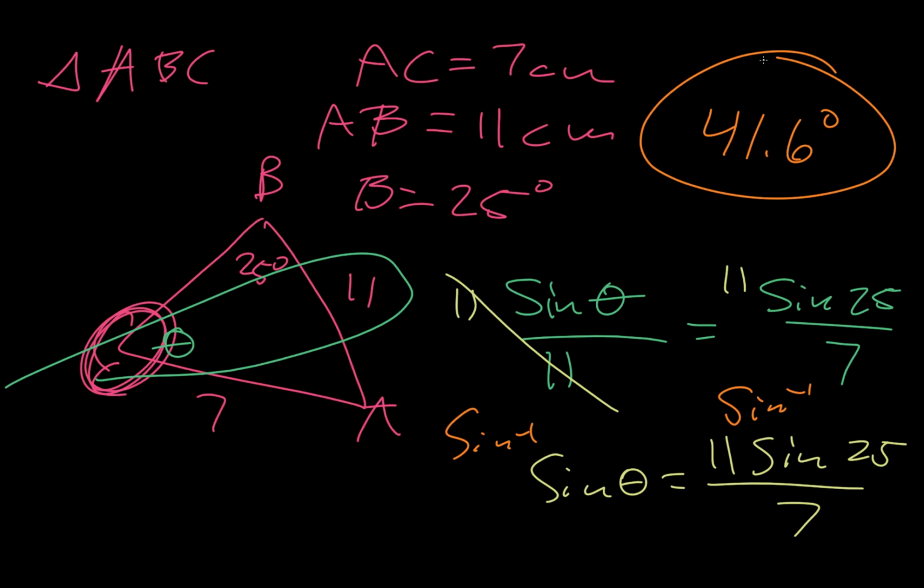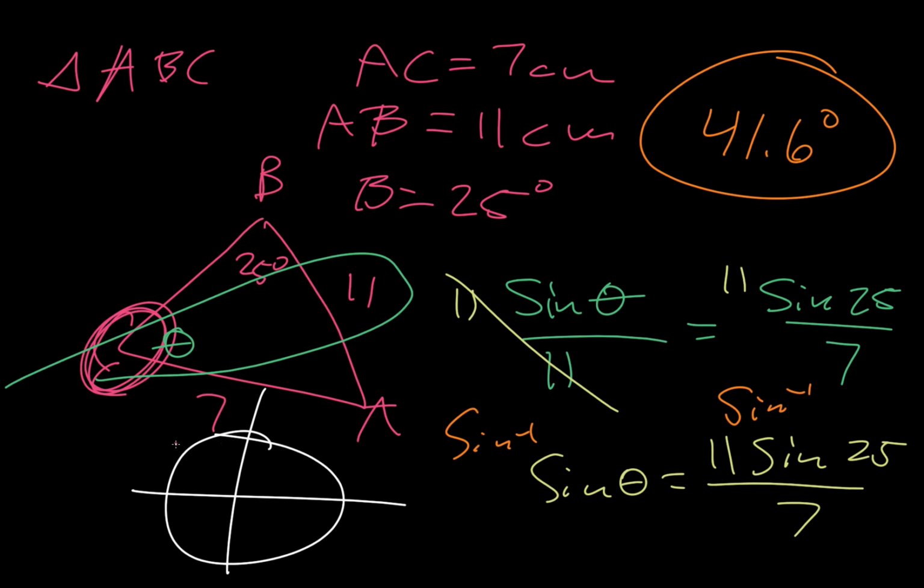Now, the issue here is that we actually can get more than one answer with this. If we go back to the unit circle, we would actually have two values for sine.